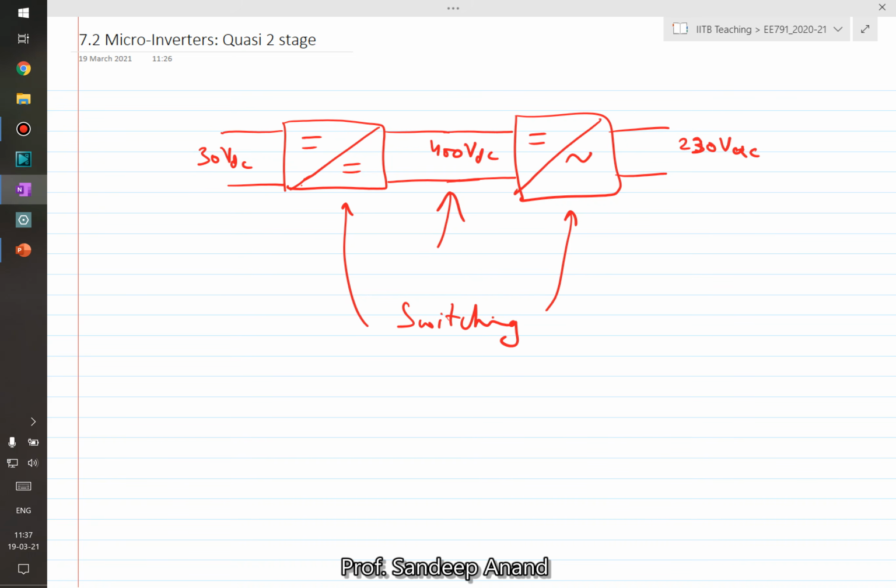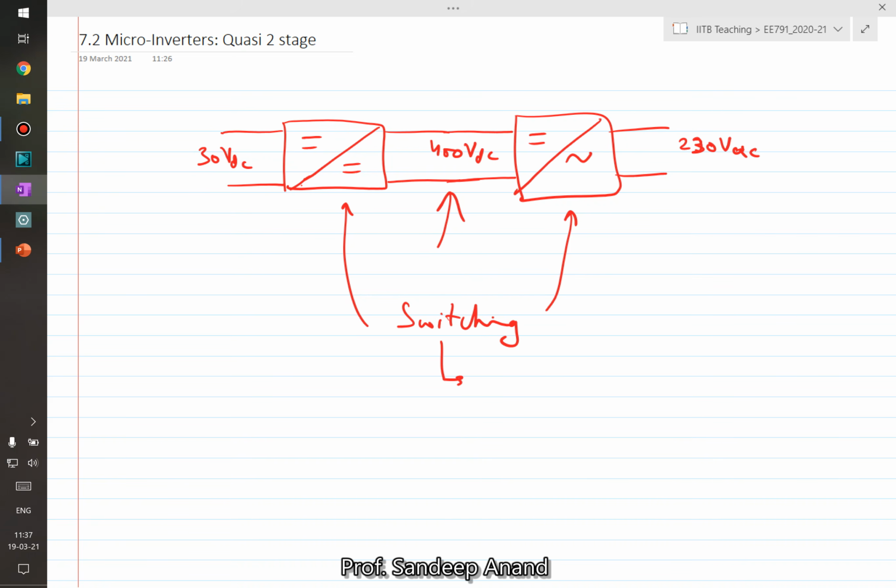So now, as a next step, a logical way of thinking here could be: can I avoid this switching in one of these stages, thereby maybe improving the efficiency and reducing the filter requirements also?